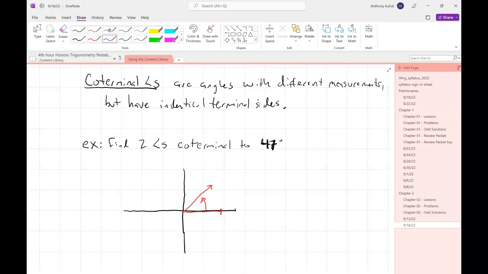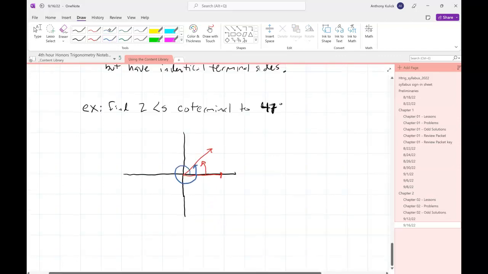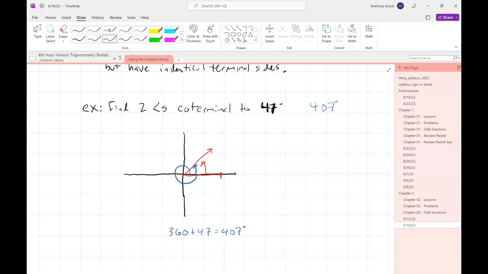Everybody agree with that? Okay, so something coterminal to that, I can just do one full rotation and then 47 degrees more. Everybody agree with that? Does that feel okay?